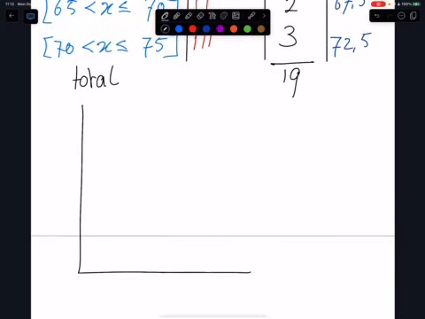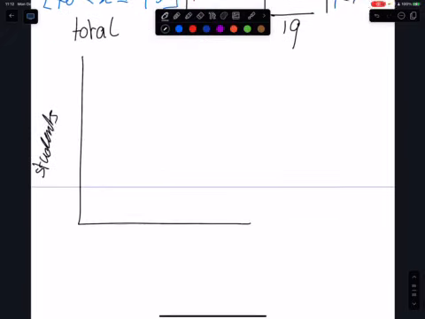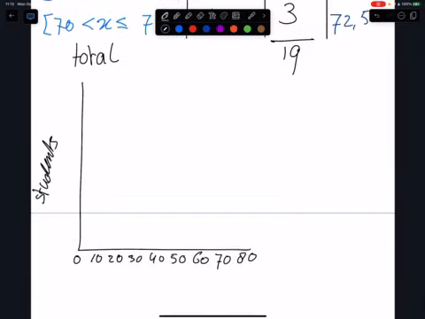Draw the cumulative frequency table. Remember, not frequency, cumulative frequency. Cumulative frequency goes up. Always you have the students or participants, however you may call it, starts from 50 to 75. 19 students, so let's do steps of 2.